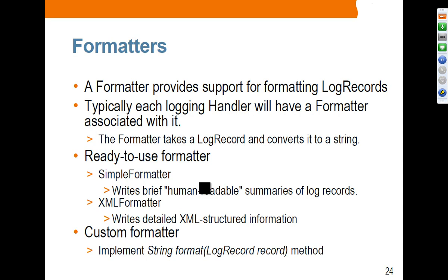Basically, what a formatter does is take the log record object and convert it into the format. The ready-to-use formatters that come with the JDK include the simple formatter, which is just humanly readable summaries of log records, typically the message you see, or you can use the XML formatter.